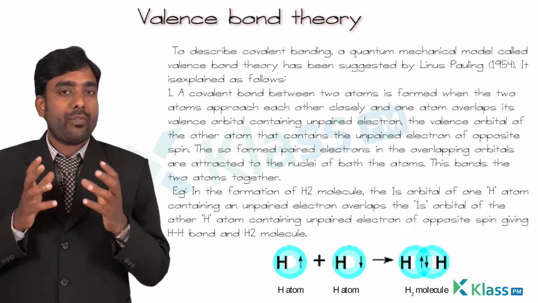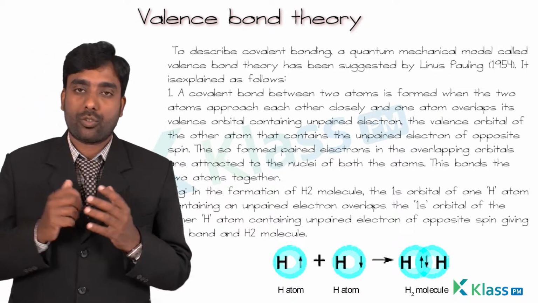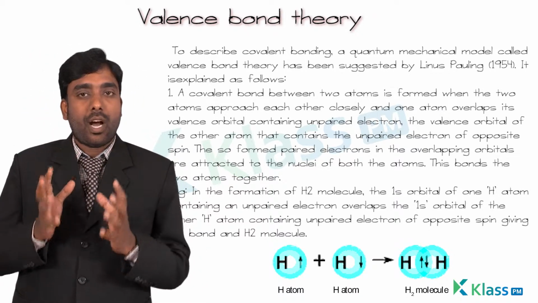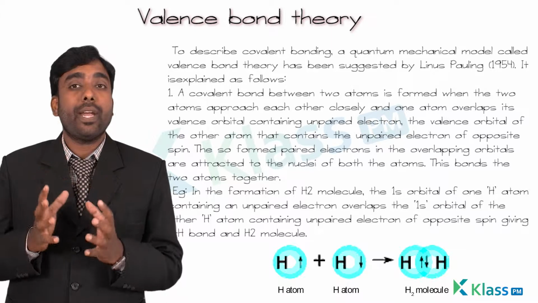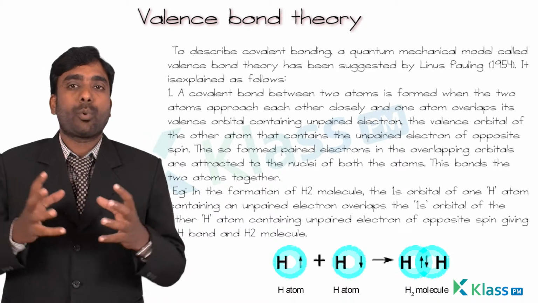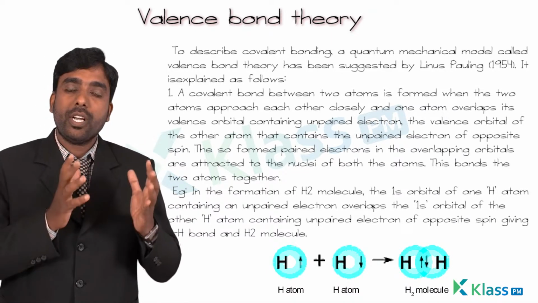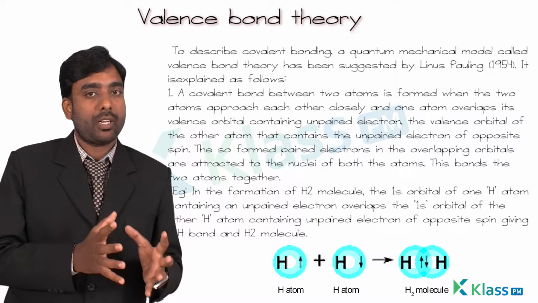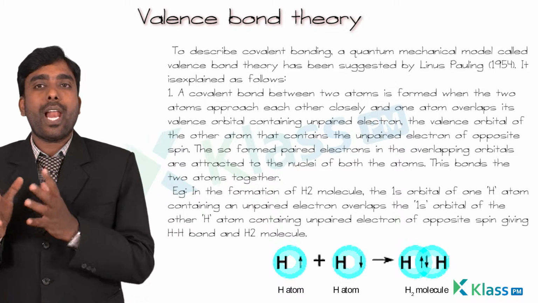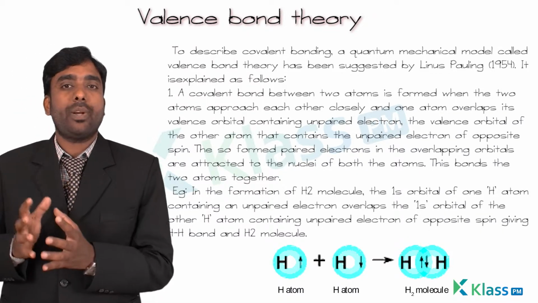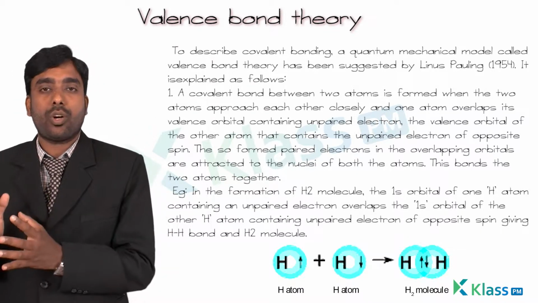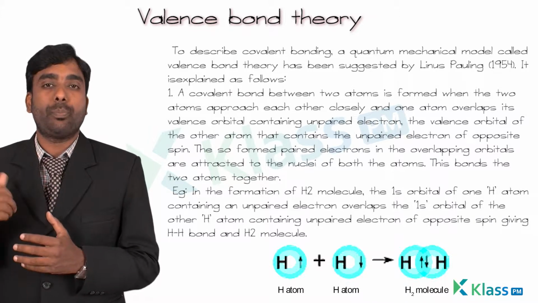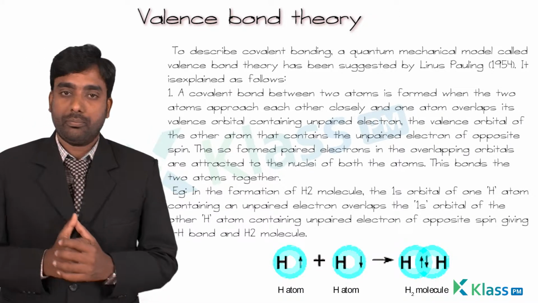We know that in every orbital we can fill two electrons, but here the atoms with unpaired electrons, when they are approaching each other, the valency orbital having an unpaired electron of one atom will overlap with the valency orbital of the other atom having an unpaired electron of opposite spin.